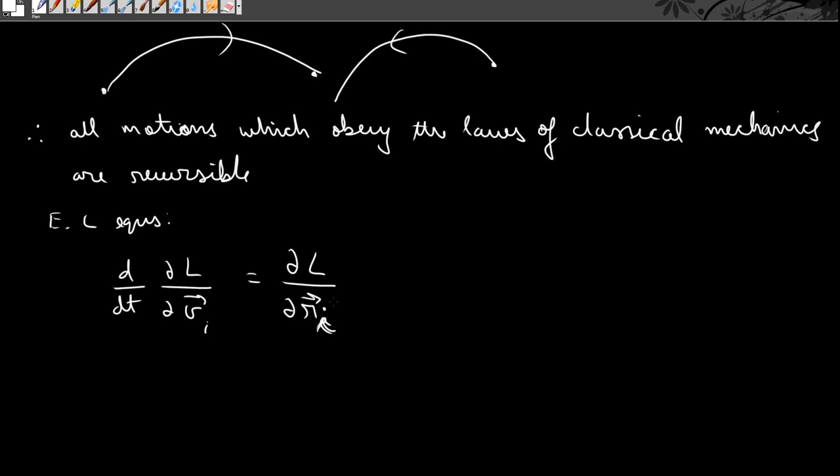We saw from our previous video that this will turn out to be mi times dvi/dt, because of the half mi vi squared term. This will be equal to, so here the L is also dependent on some function which depends on the position, so this becomes ∂f/∂ri.